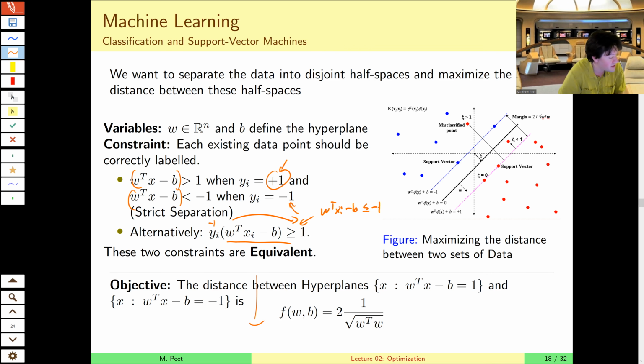So that allows us this trick of multiplying by the binary choice, which allows us to formulate the constraints in a way which doesn't involve logic. These binary labels take the place of logic. Okay, so that's the constraints.